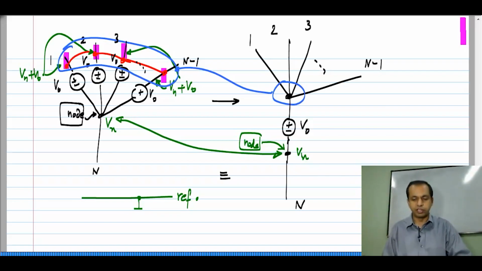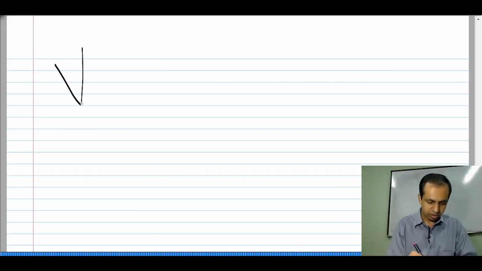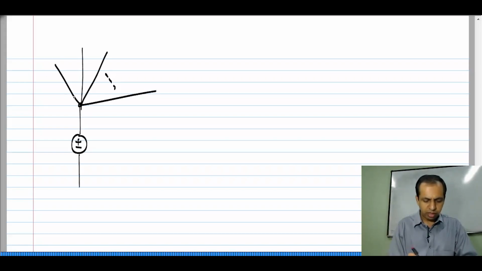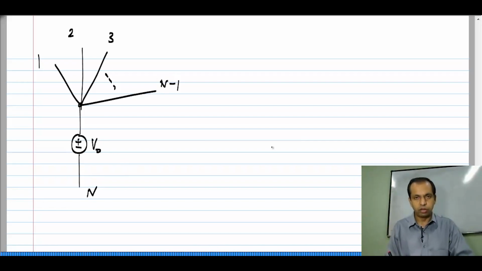Now, the more interesting thing is to go backwards, which is to say that let us say you have a node with n branches, I label them 1, 2, 3, n minus 1, n, and one of them has a voltage source V naught in this direction.